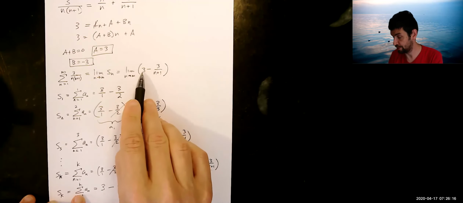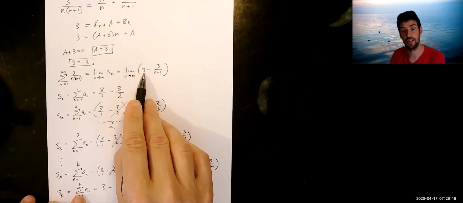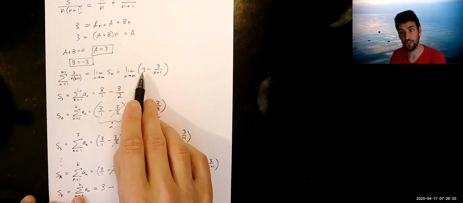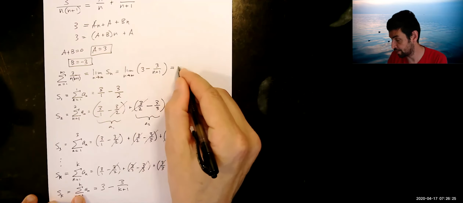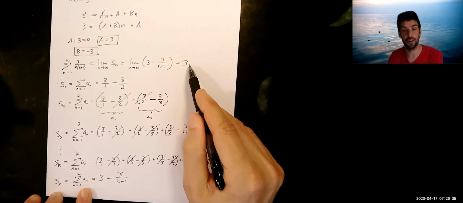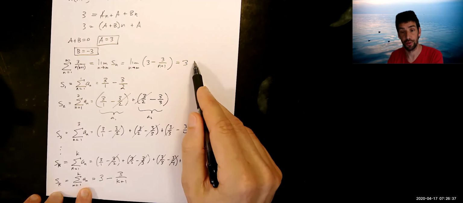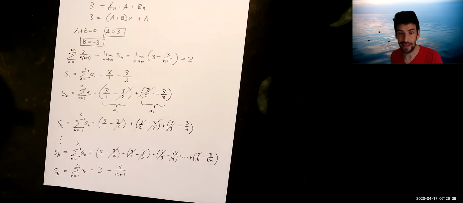Well, what happens to this expression? The limit of the constant doesn't change. Nothing changes about 3 as n gets bigger and bigger, so that stays as a 3. And we're subtracting 3 over n plus 1, which goes to 0. And so the infinite sum that we started with has a sum of 3. This is what's called a telescoping series.